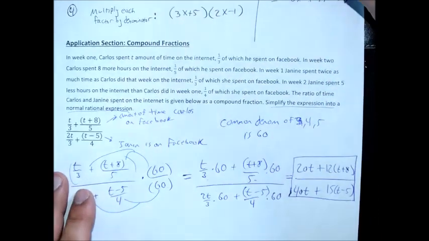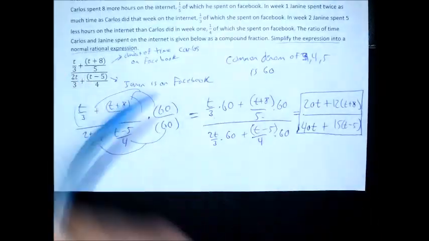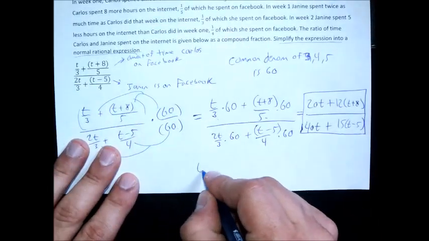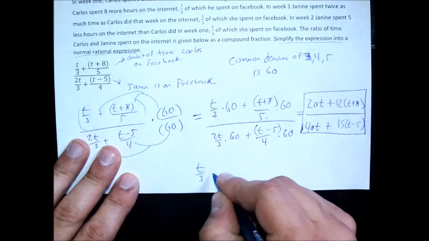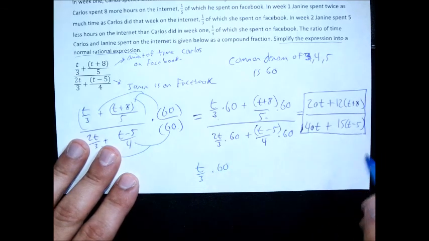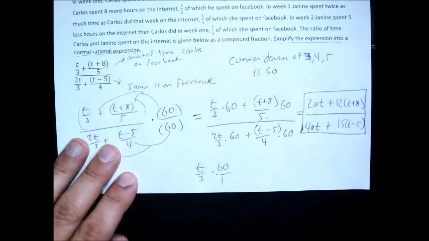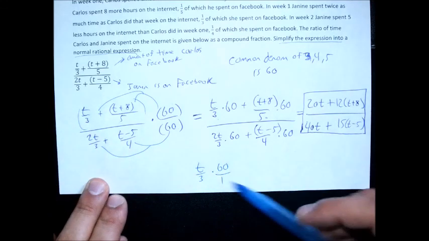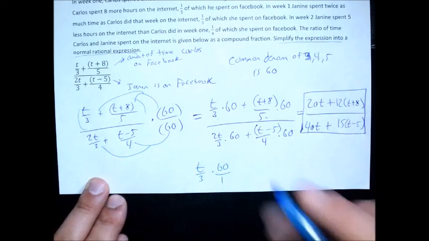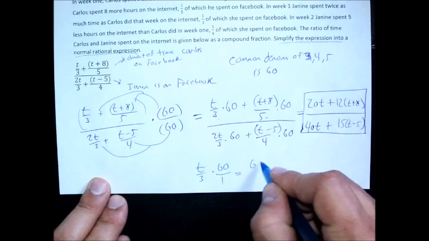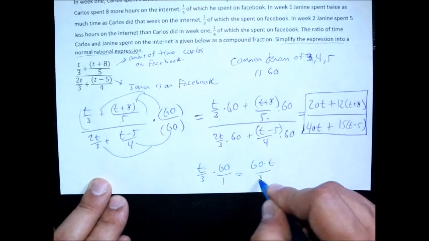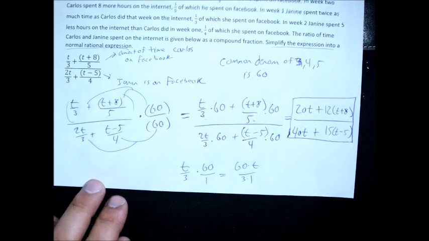And so then when we have something like this, when we have this t over 3 times 60, it's like a 60 over 1. And so when we multiply fractions, we multiply straight across. And so we get 60 times t over 3 times 1. Right?